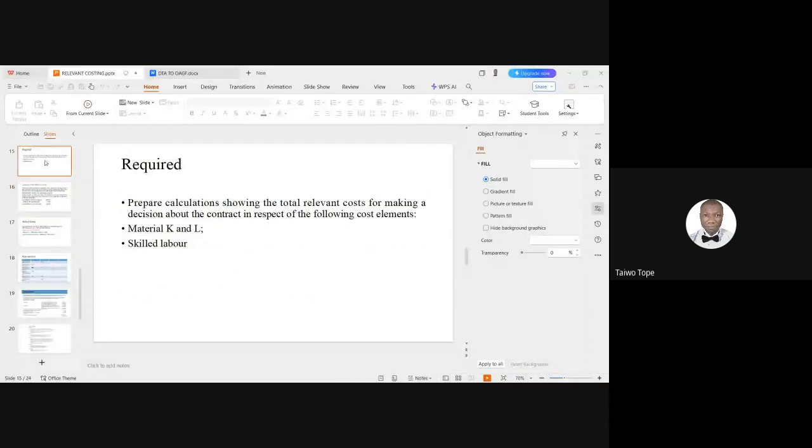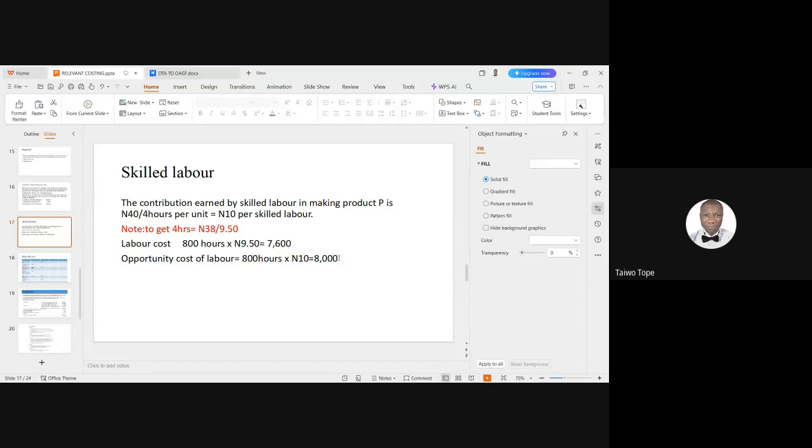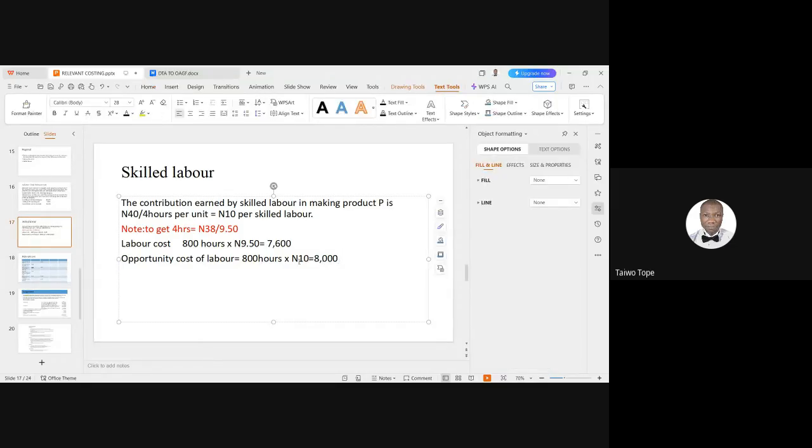So the opportunity cost, based on the decision he has to make, is what? If he decides to move these workers from product P, there will be a loss. If he decides not to move them, he might incur extra costs, but that is not given. So the opportunity cost he has to make is 8,000. This opportunity cost of 8,000 is a relevant cost because it involves Nanju making an option.